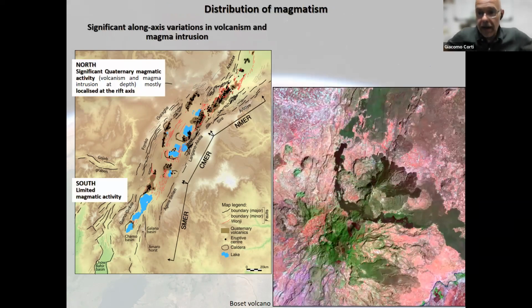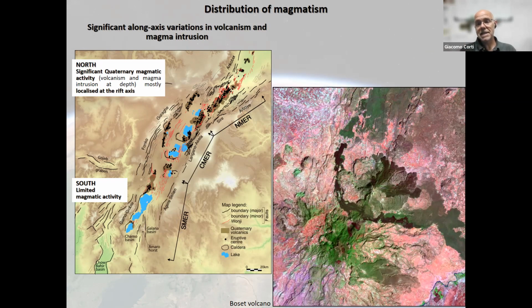And this is also associated with a transition from limited or almost absent magmatic and volcanic activity in the southern part of the rift to a more abundant Quaternary volcanic and magmatic activity, with surface volcanoes, but also, I will show you, significant magma intrusion at depth. A Quaternary volcanic activity which is mostly localized at the rift axis.